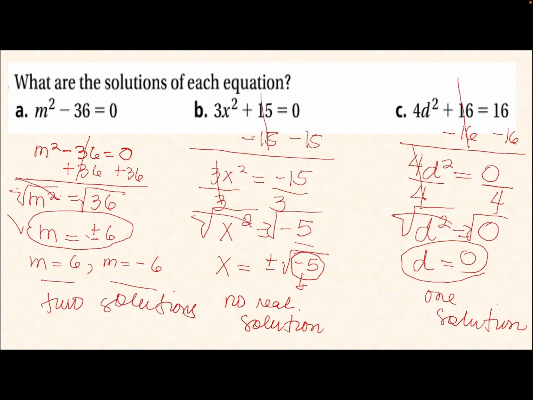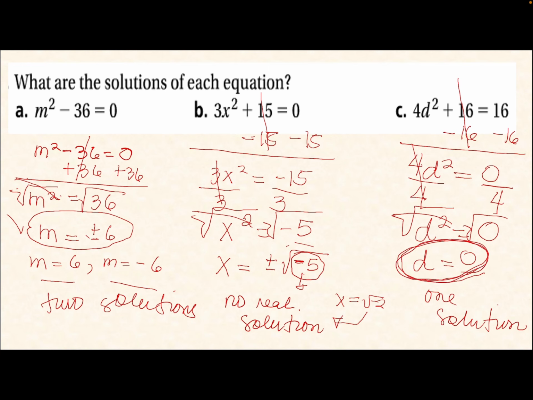While here, we will come up with no real solution. Bear in mind, we will come up with no real solution if you have a negative number under the radical sign. So let's say for example, x is equal to the square root of negative 2. This quadratic equation has no real solution. While here, in letter C, d is equal to 0.